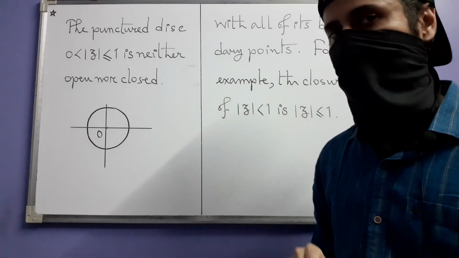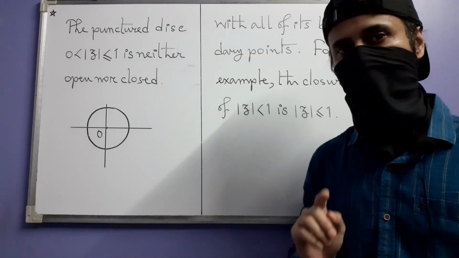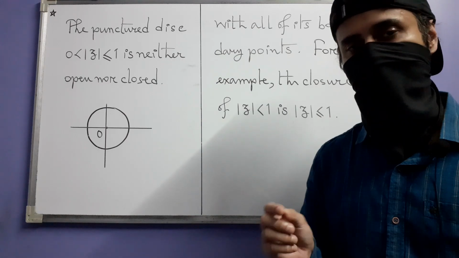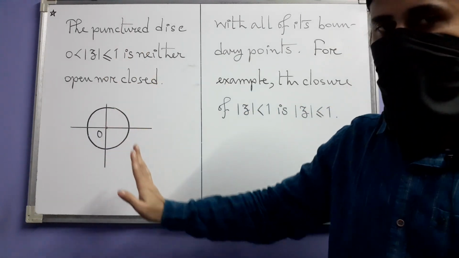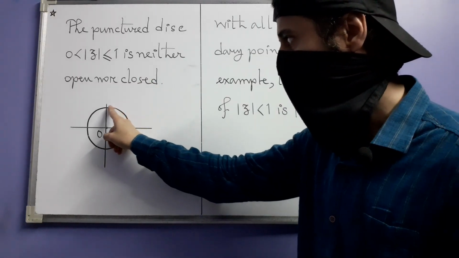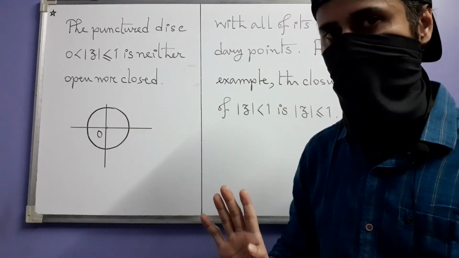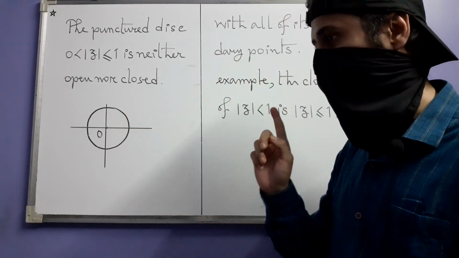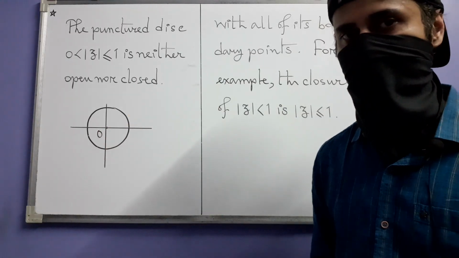Why is this not closed? For a set to be closed, what is the definition? That all the boundary points have to be inside the set. For this set, almost all the boundary points are inside the set, most of which are lying here on this circle. They are boundary points. But there is one boundary point which is not included in the set, which is the origin.